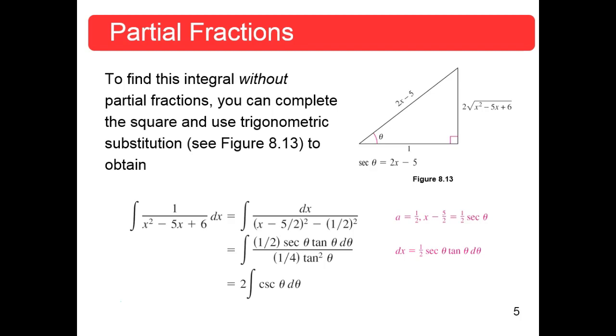I just can't even believe they approached it this way. But you sure could. Here is your secant theta equal to this thing. They took the square root of 1/4 and made it 1/2, so that's your coefficient there.